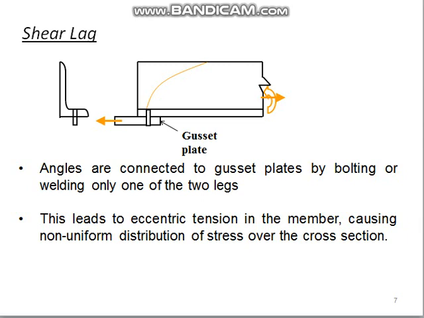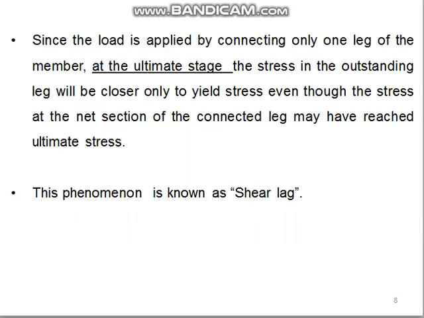Next terminology is shear lag. Angles are connected to gusset plates by bolting or welding only one of the two legs. Here, this angle section is connected to a gusset plate using bolts. This leads to an eccentric tension in the member, causing non-uniform distribution of stress over the cross section.